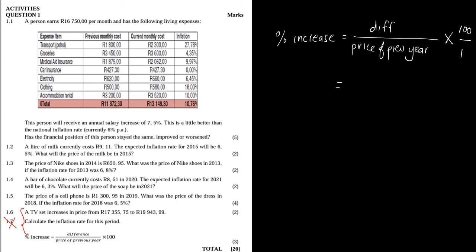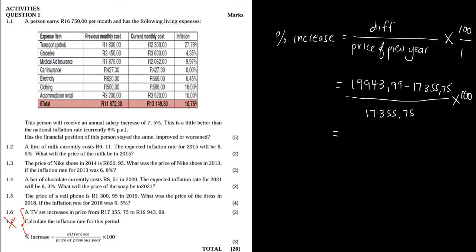The difference will be, so we need to take the difference from these two amounts, which would be 19,943.99 subtract 17,355.75, divided by the amount from the previous year, which would be 17,355.75, and remember we must multiply this by 100.